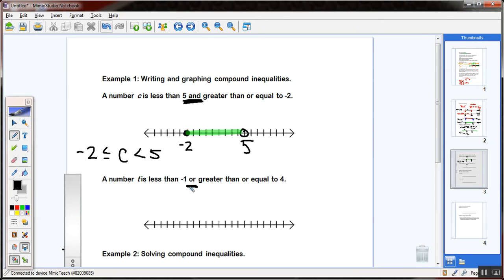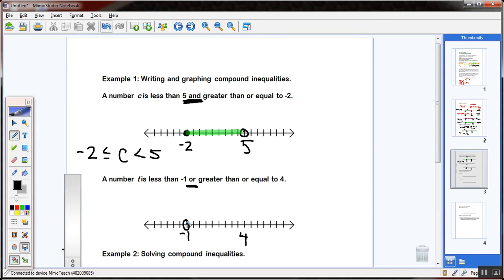What values should I reference first, kids? -1 somewhere. I'll put it right here. And what else? Okay. All right, so it says a number t is less than -1. So open or closed on -1? Or greater than or equal to what? So open or closed on 4, kids?